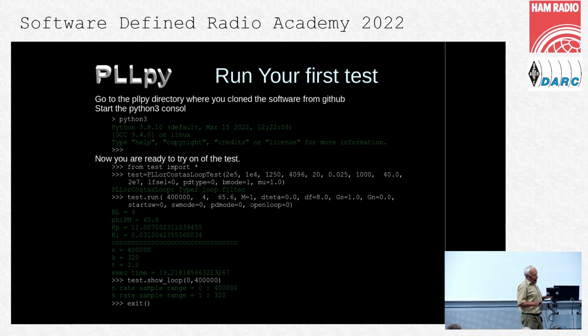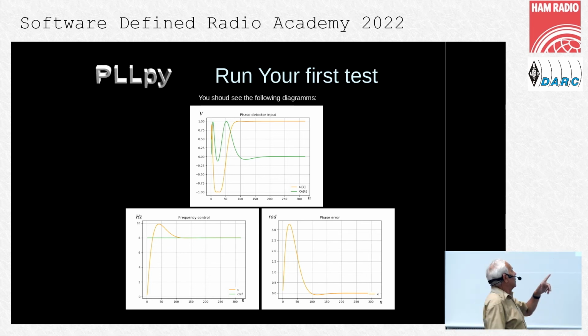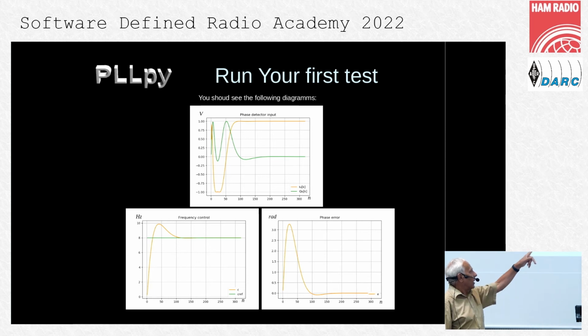If you run this, you should see these three drawings. The first one is the input signal of the phase detector, the second one is the frequency control signal of the NCO, and the third one is the phase error signal.